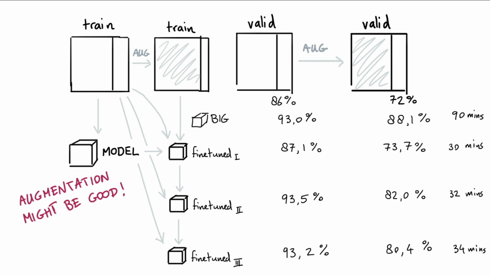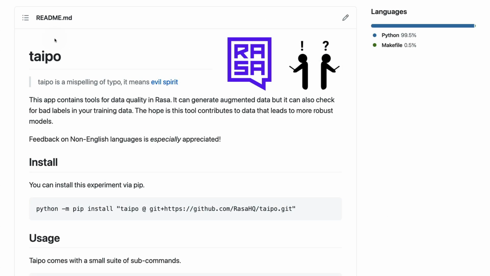And that brings me to a little bit of software that I made for the Rasa community. On GitHub, you can find a repository called Typo, and as you might have noticed, Typo is misspelled. It's a command line app that you can install with pip from GitHub, and the idea is that this app will contain tools for data quality inside of Rasa. One of the main features is that it can generate augmented data, and that's a feature that is currently live.